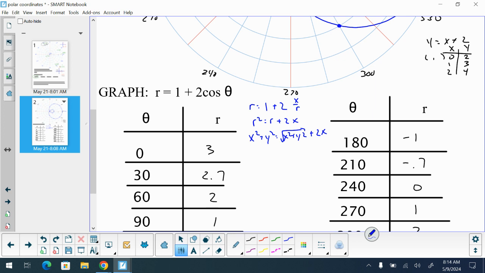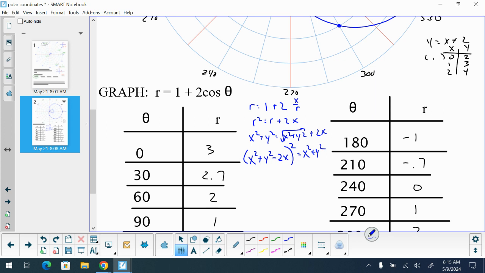So what you have here, in an XY coordinate system, this would be your equation, which means you would have to substitute values of x in and solve for the values of y, which is a little bit more complicated than subbing in values of theta and solving for r.